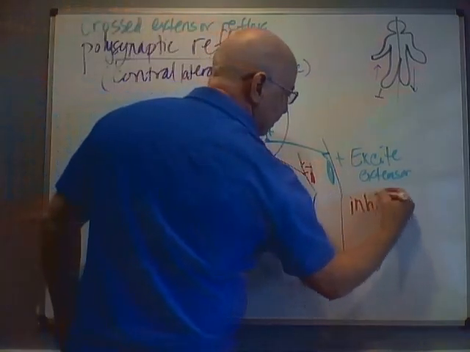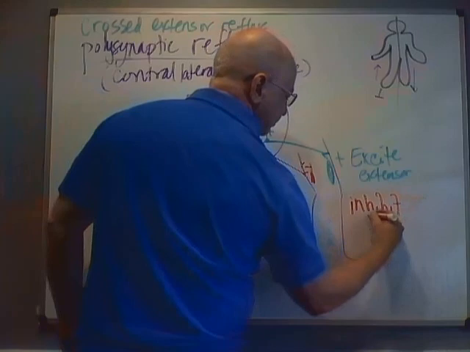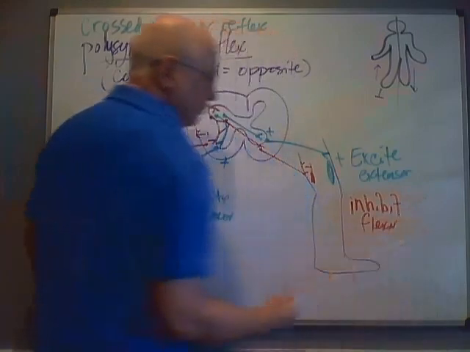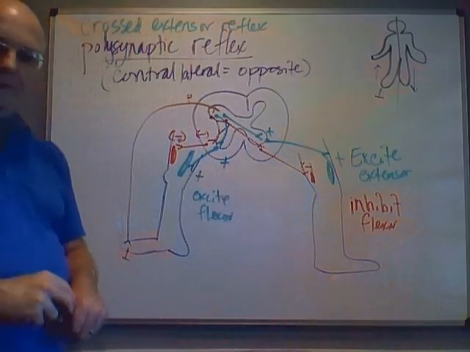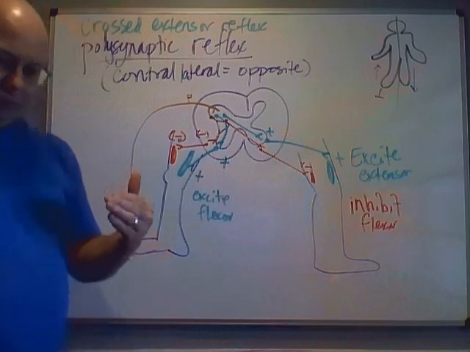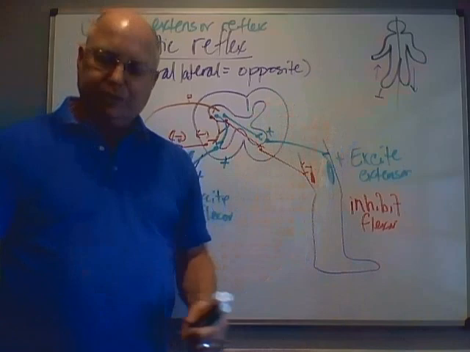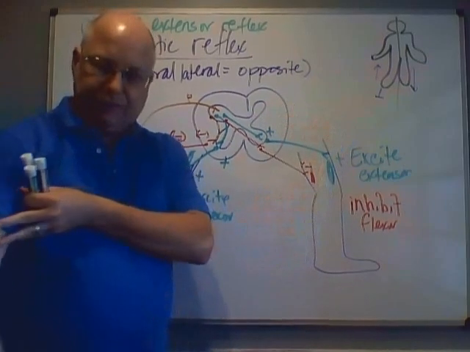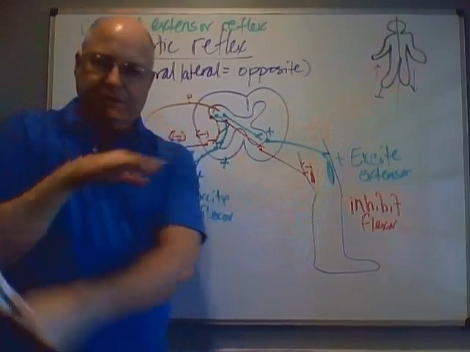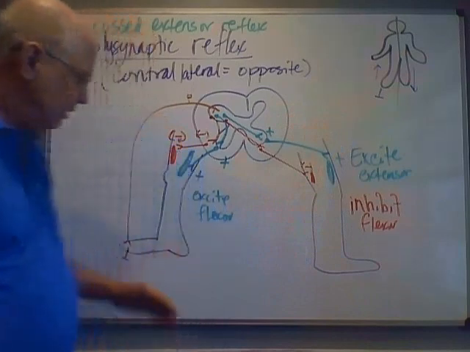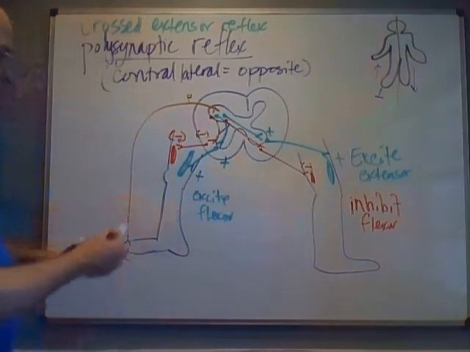So in both of these, you need to know what's happening. So the withdrawal or flexor reflex involves the upper limbs. I'm going to excite the flexors, inhibit the extensors so that I can withdraw. Same thing happens here.